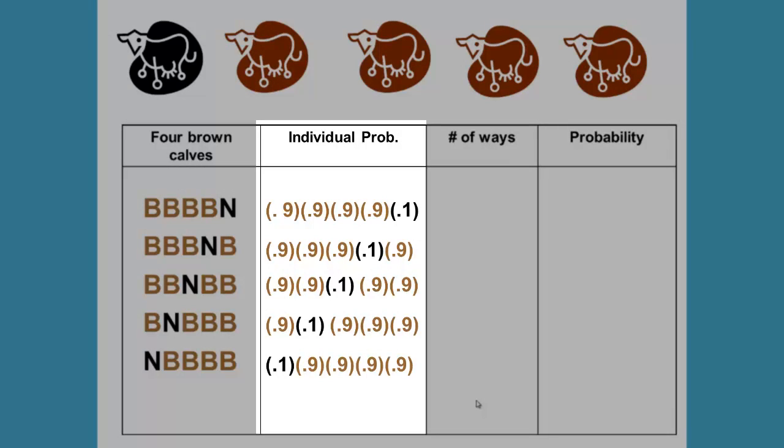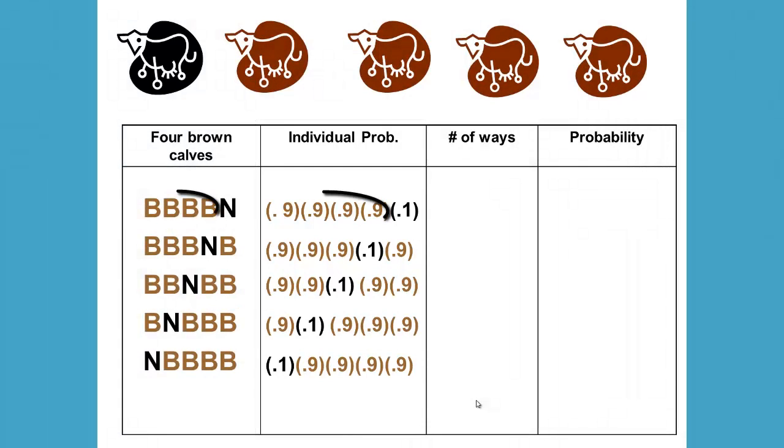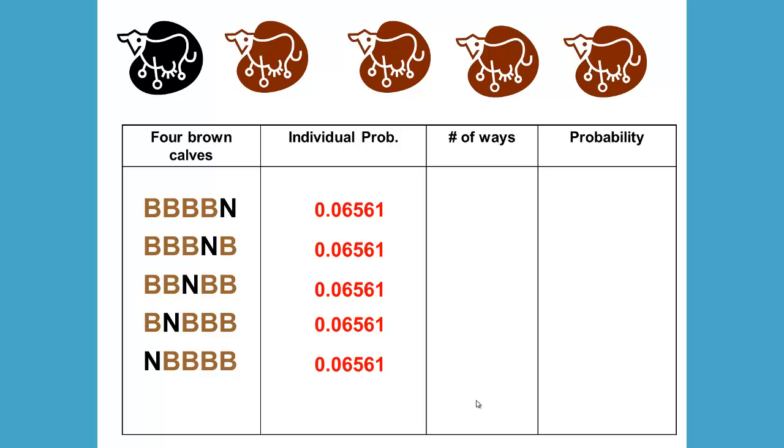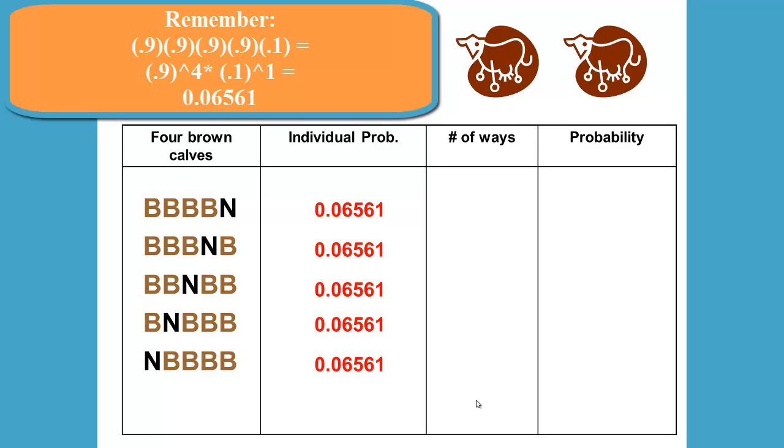As we list those, there are 4 0.9s, but only 1 0.1. 4 brown calves gives us 4 0.9s. 1 not brown calf gives us 1 0.1. And the individual probability then gives us 0.06561.